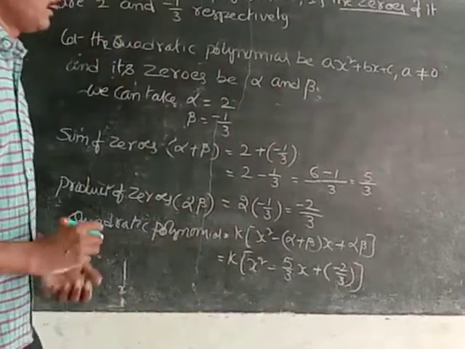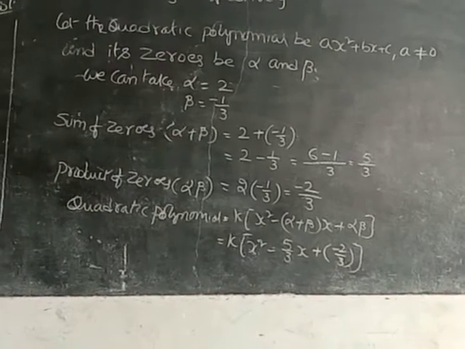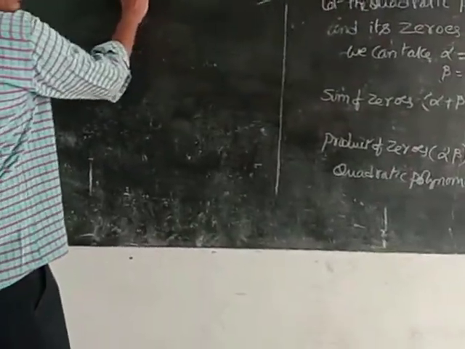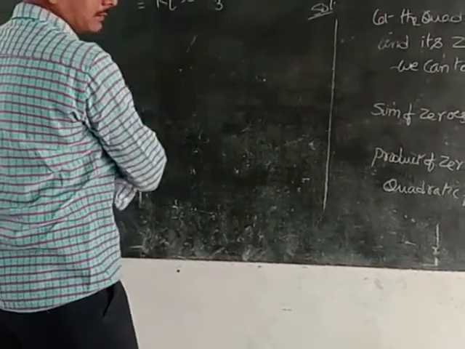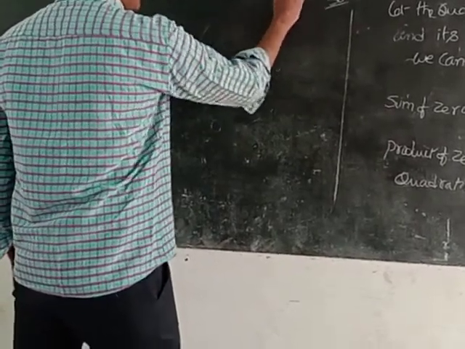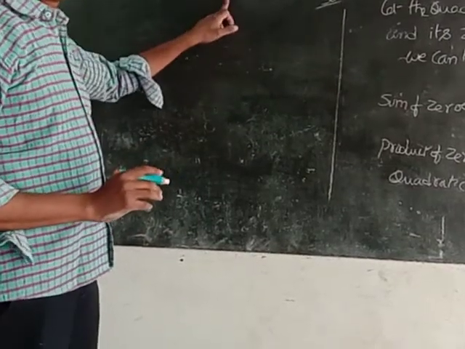Now simplify this one. If we simplify, we will get k into x square minus 5 by 3 into x plus into minus 2 by 3. I remove the bracket here. Now what is the denominator here? 3.